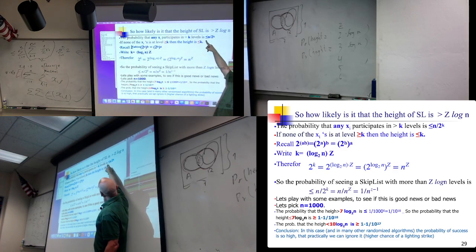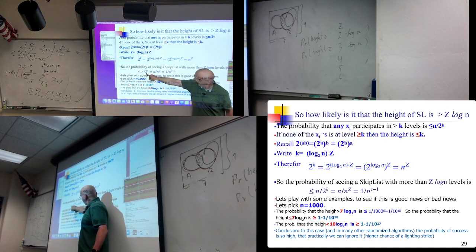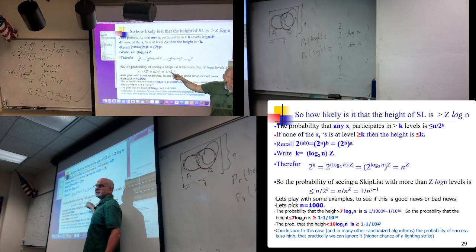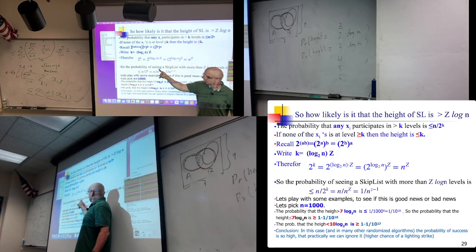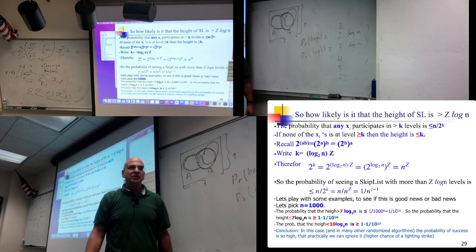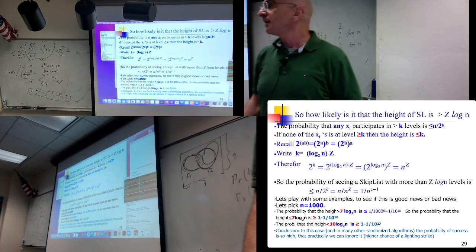So this is n divided by 2 to the k, which is n divided by n to the z, which is 1 over n to the z minus 1. Here I have n to the z, here I have n, so the n's cancel each other. You're left with 1 over n to the z minus 1. And that's exactly where I wanted to get.